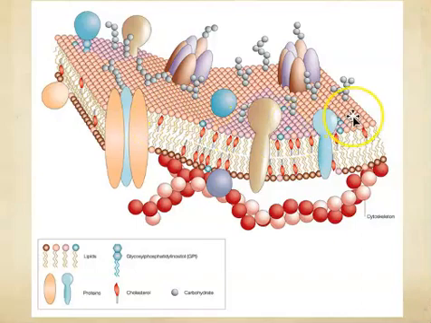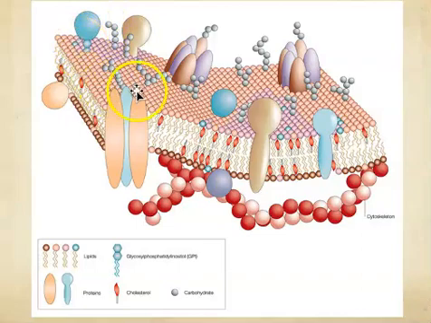And you can see that there are regions within the monolayer that are different from each other, and there are differences between the monolayers in terms of those types of phospholipids. The proteins are going to be different in the different monolayers. Some of these proteins are peripheral. They're only found on one side of the membrane.